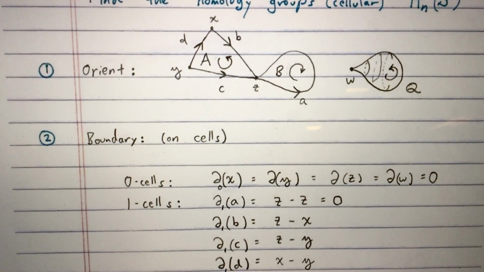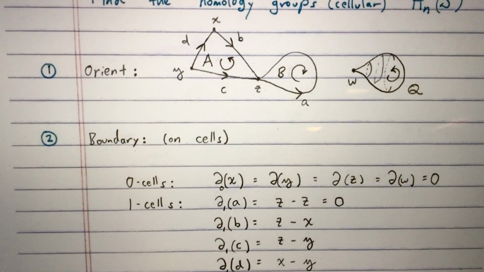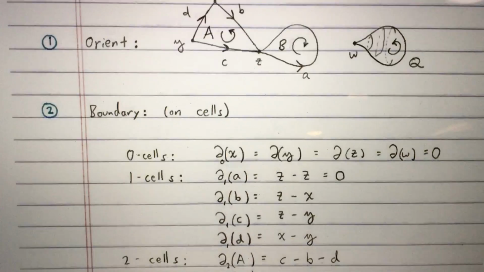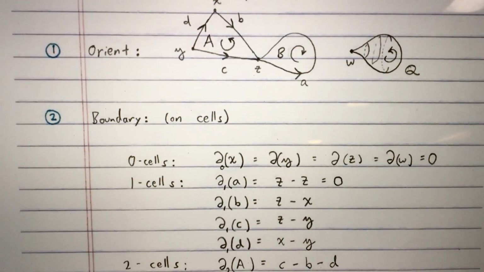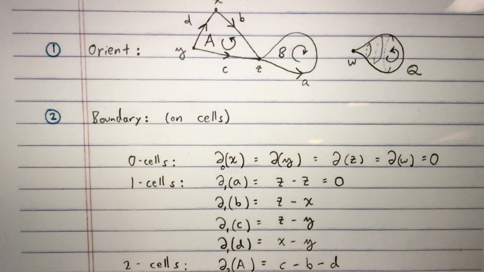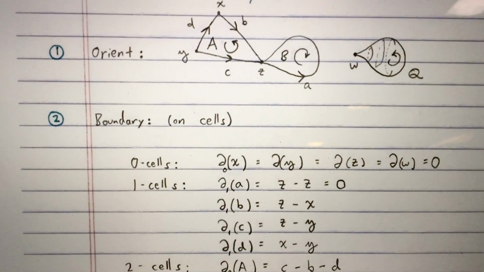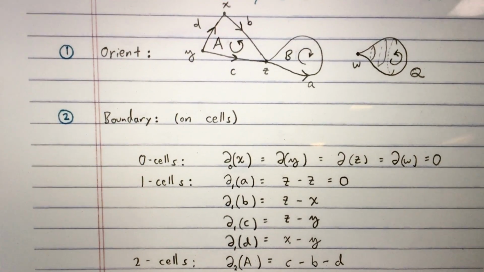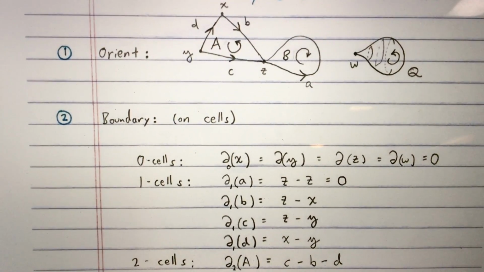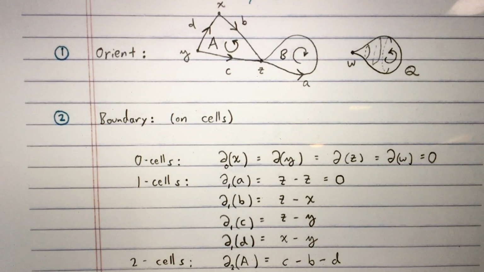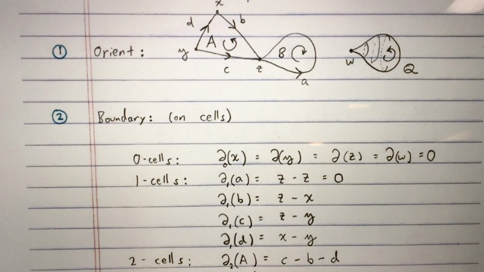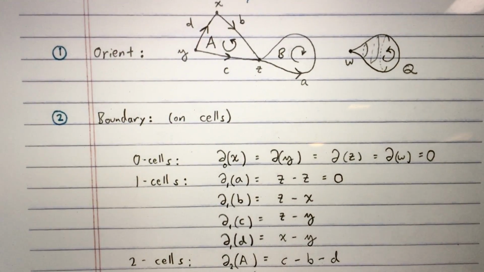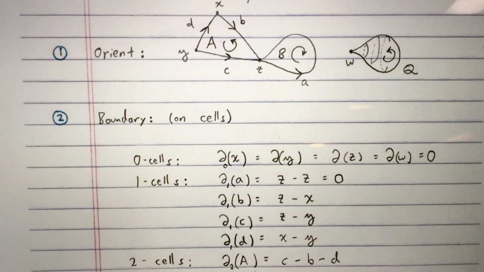Okay, for the 2-cells, the boundary of capital A is c minus b minus d. That's because for capital A, we chose the counterclockwise orientation. There's just 2 possibilities to orient any cell, and for 2-cells we can think of them as counterclockwise or clockwise. We chose counterclockwise.